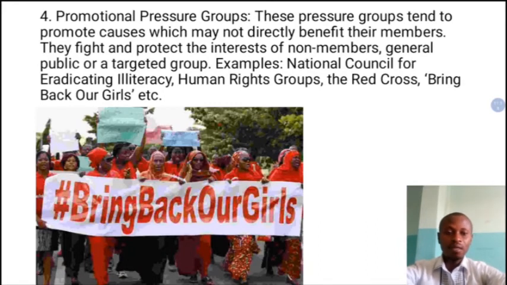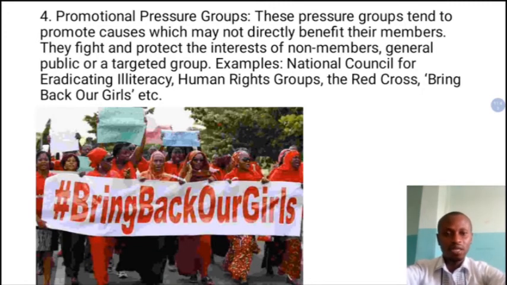Those women, men who are here in Abuja, reminding the government of the Chibok girls that were abducted by the Boko Haram, are not actually the parents of those girls, but they have been doing that. Some of them have been criticized. Some of them have, one time or the other, been arrested, but they are fighting for this targeted group. So it's a promotional pressure group.